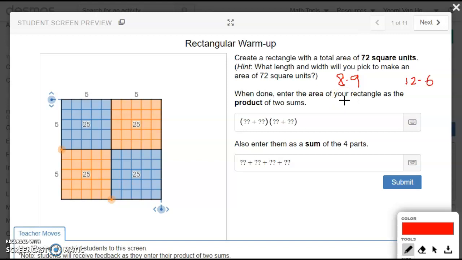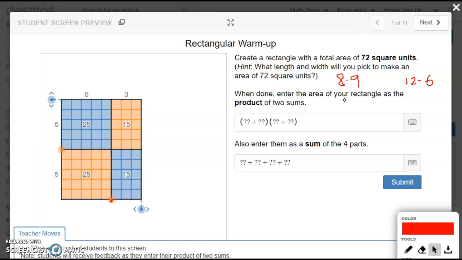Okay, let's just say I did 8 by 9. That means I want my width or the length to be 8. So how do I do that? I need to drag. How do I want to make the 8? I can make it with 4 and 4, or let's make it interesting, 5 and 3. So we want the length to be 8, we want the width to be 9.